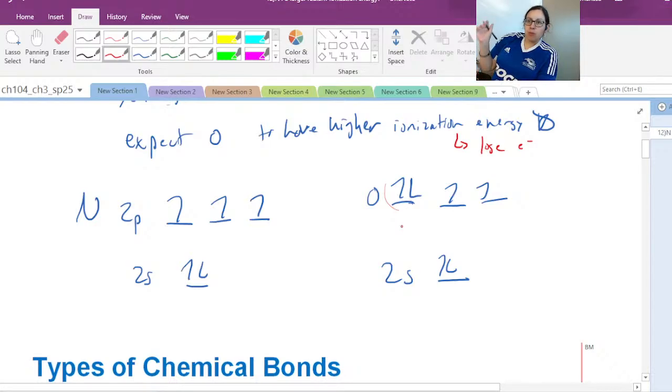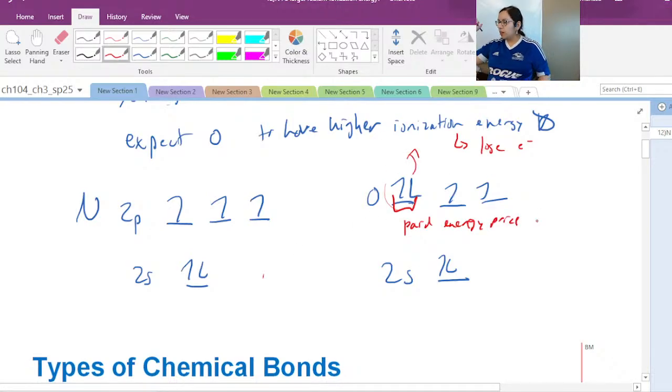It's a really odd situation here. Yes, oxygen has more electrons. We expect it to have this higher ionization energy because of the nuclear charge. But we've also paid this energy price. And so oxygen is actually happier to get rid of its electron because now it doesn't have to pay this penalty for pairing.